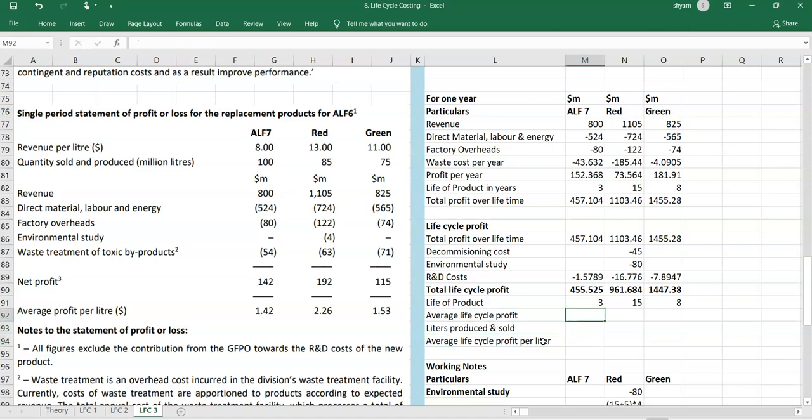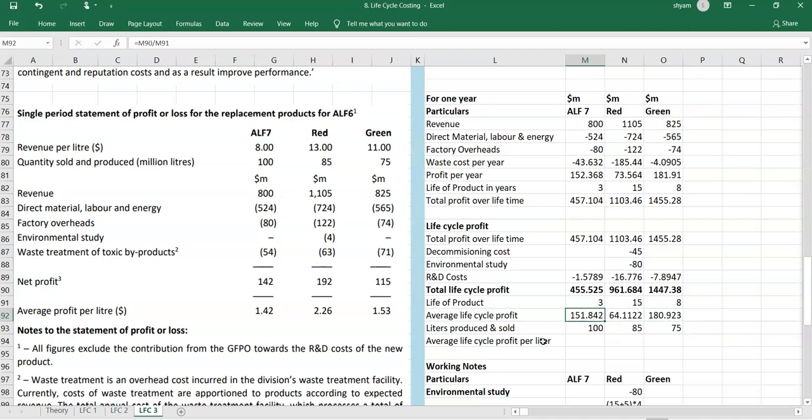So how do we get the average life cycle profit? Very simple. Take the total profit divided by the number of years. So this is the average profit you will get every year. And what's the per liter? Liters are in a year. In a year, they will produce 100 liters of this, 85 and 75.